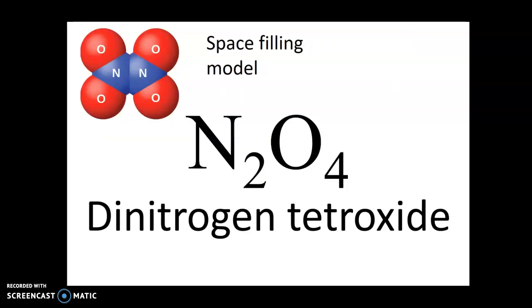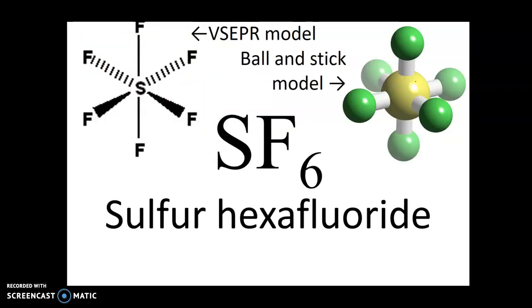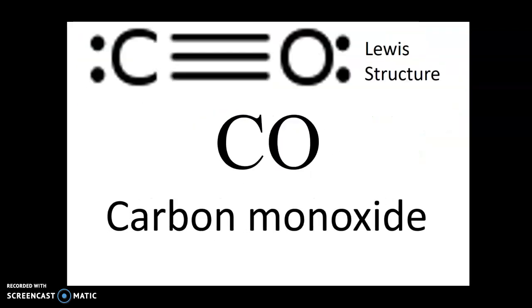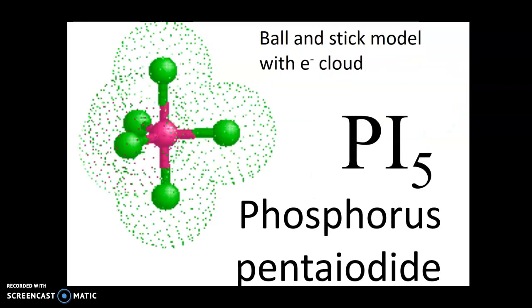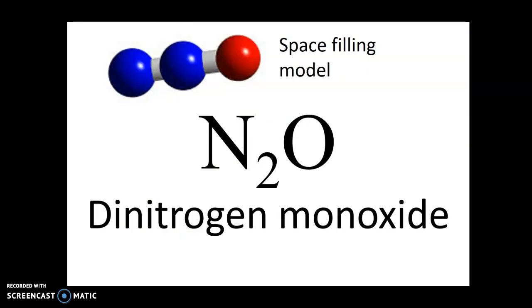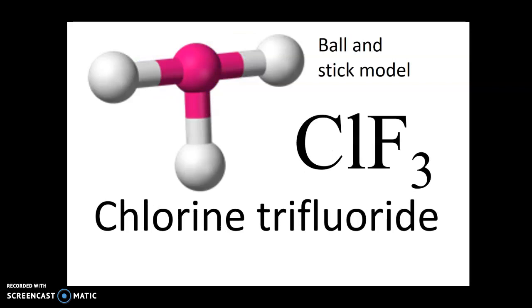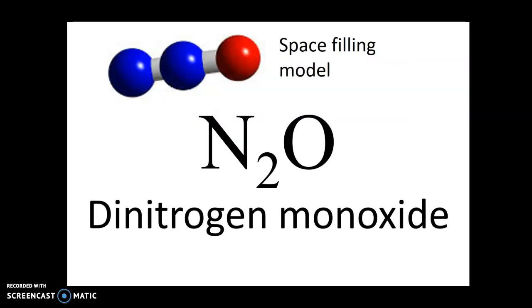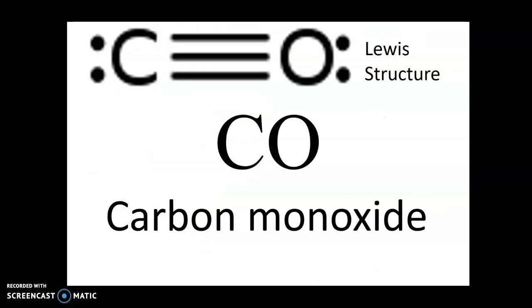So the name of the element is the same as it is on the periodic table: nitrogen, sulfur, carbon, carbon, phosphorus, nitrogen, chlorine. However, when there is a subscript following that symbol in the chemical formula, there's an additional prefix telling us how many that number is, the di for 2 in this case.